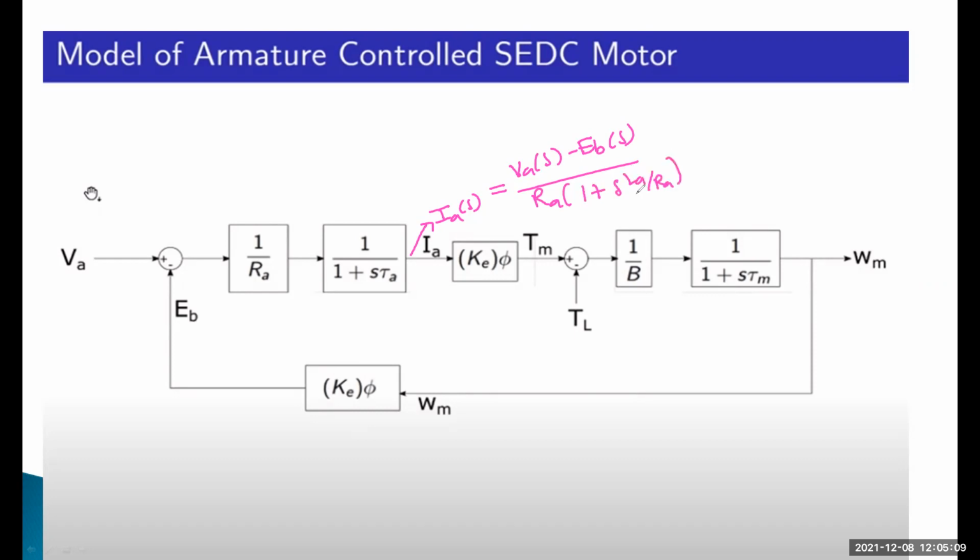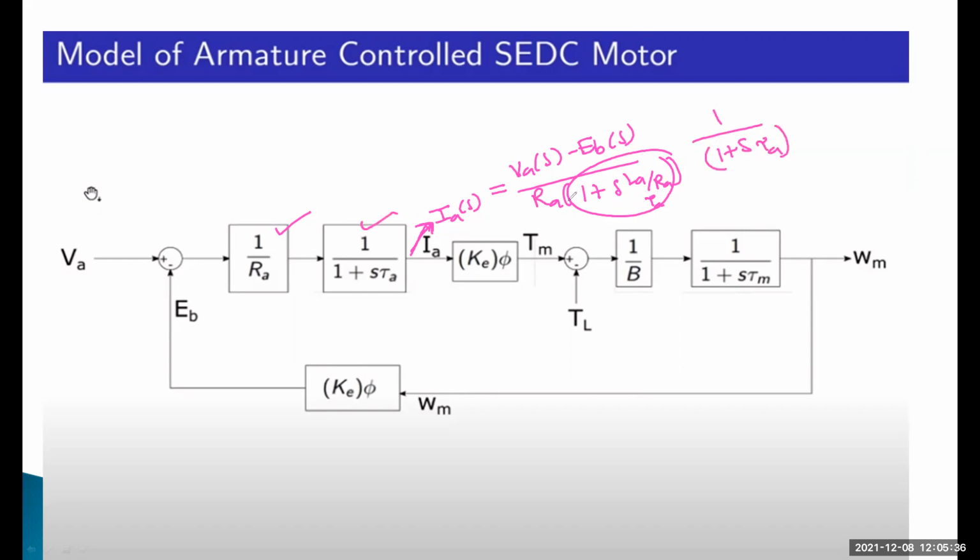That is tau A. Okay, this is the equation. So the armature current is equal to 1 by RA, and then 1 by 1 plus S into tau A. So you will get this denominator term.